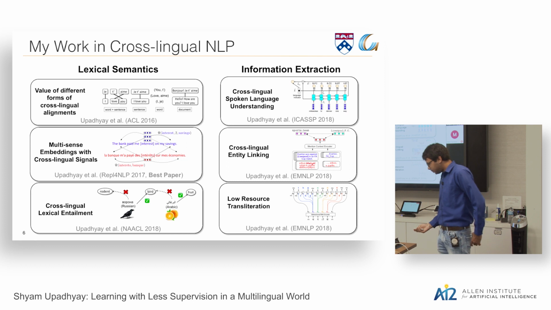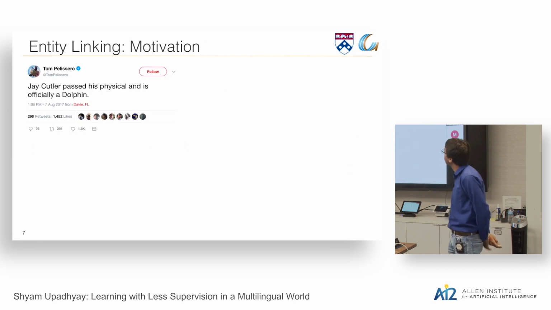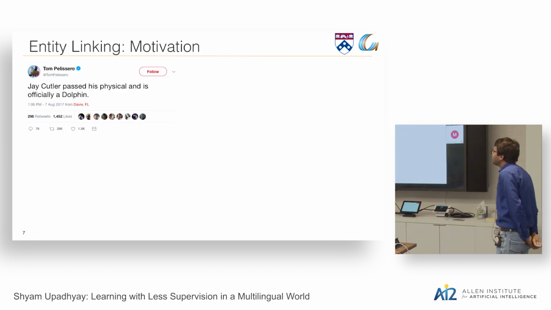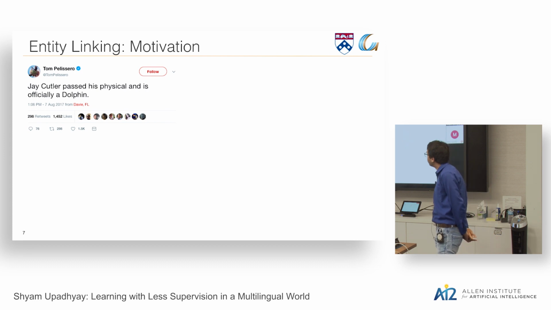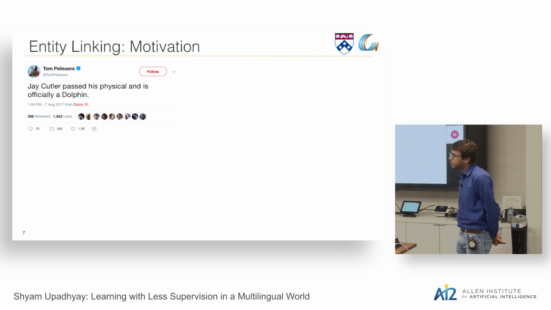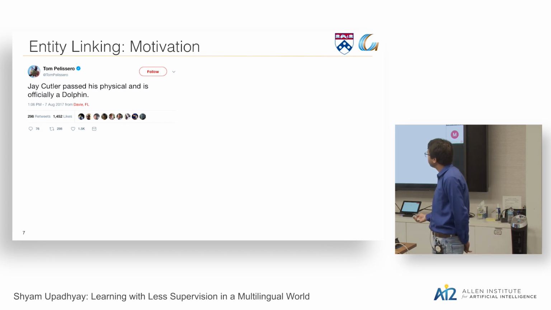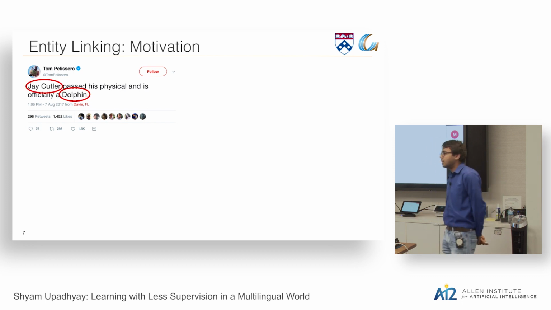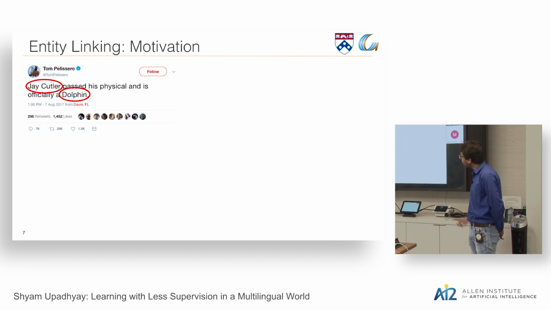All right, so let's start with the first part. I'll first briefly motivate and define the task of entity linking. So suppose an NLP system was reading this tweet: Jay Cutler passed his physical and is officially a dolphin. Now, there are some spans of text in this tweet that refer to entities.